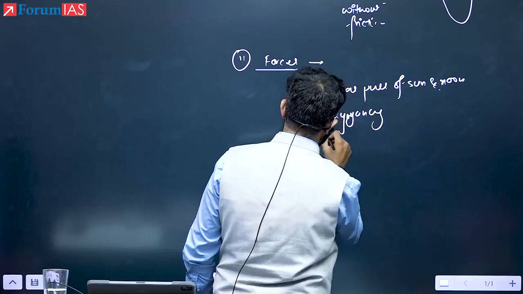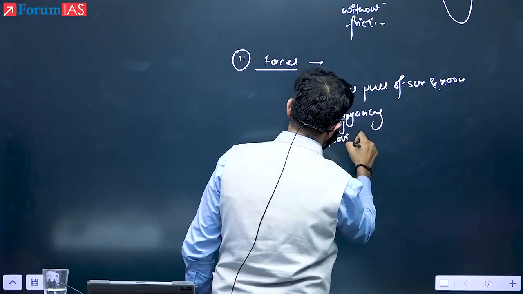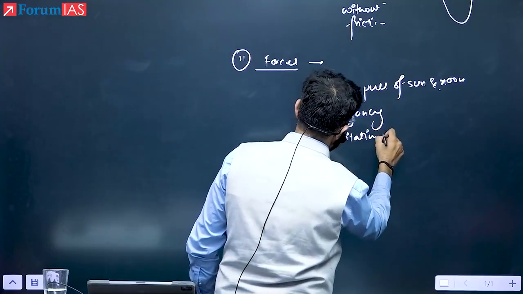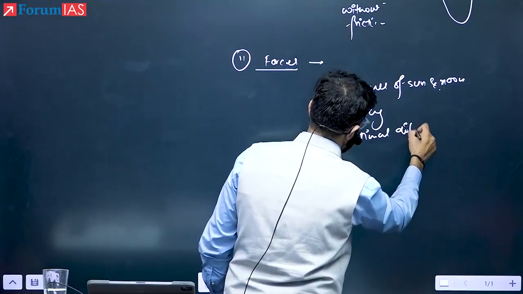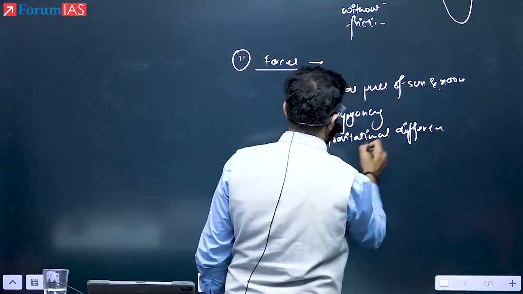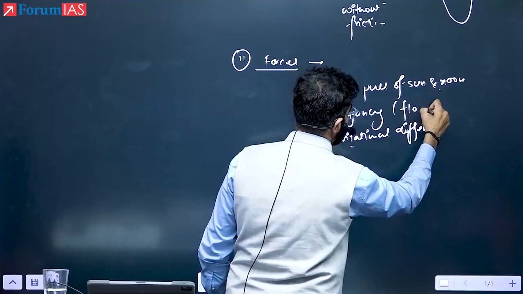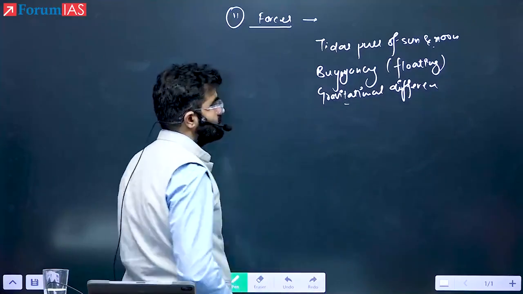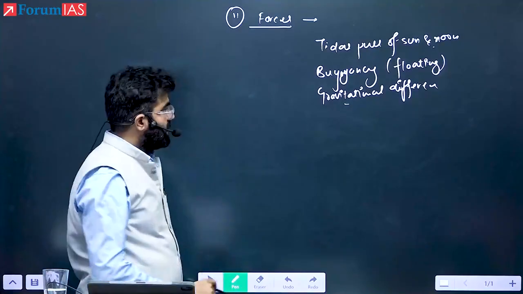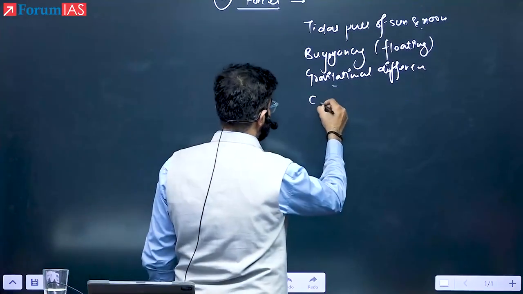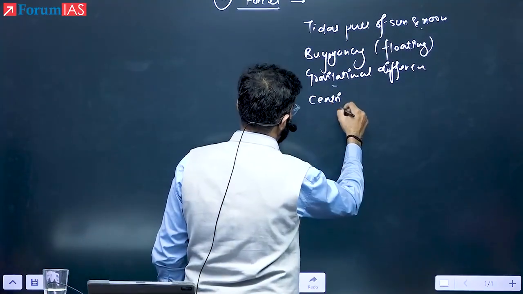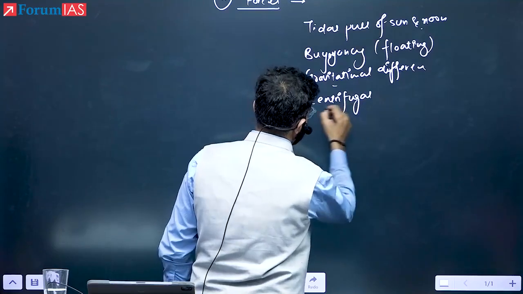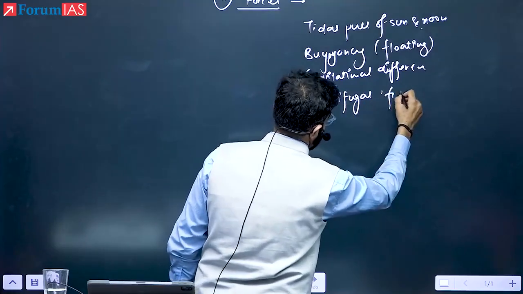Then third was gravitational pull. Gravitational difference he actually used as a force. Buoyancy, because he was assuming that the continents were floating. And one more he assumed, that is centrifugal force. You will come to know how he used centrifugal force.